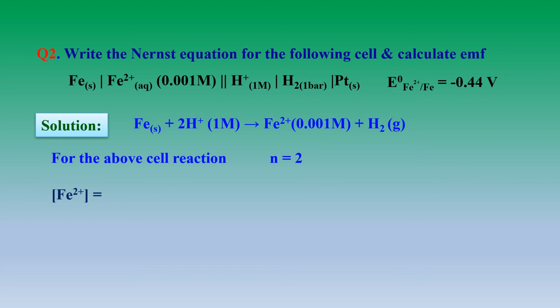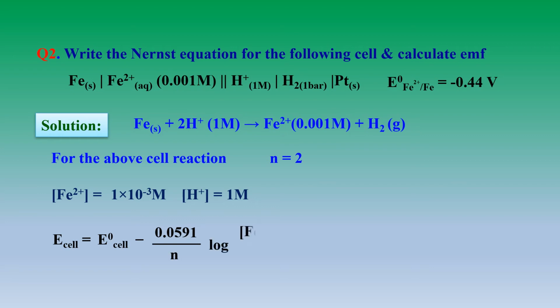The Fe2+ concentration is given as 1 into 10 to the power minus 3 molar. And what is the concentration of H+? The concentration of H+ is 1 molar, which is also given in the problem. We know that E cell is equal to E naught of cell minus 0.0591 divided by n log of concentration of Fe2+ divided by concentration of H+ to the power 2. How do we take this?